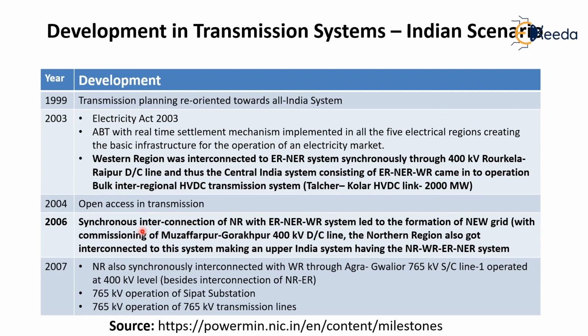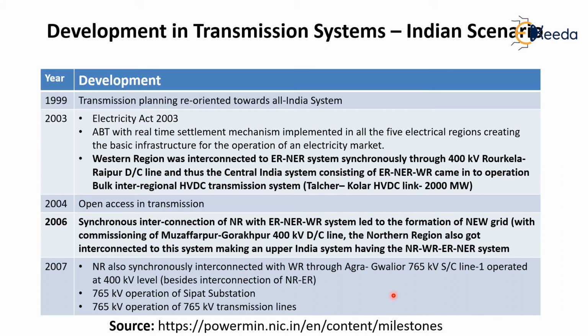And in 2007, the northern region also became synchronously interconnected with the western region through the Agra Gwalior 765 kV single circuit line operated at 400 kV level, besides the interconnection of the northern region and eastern region. The 765 kV operation of the Sipat substation started in 2007, and 765 kV operation of 765 kV transmission lines.